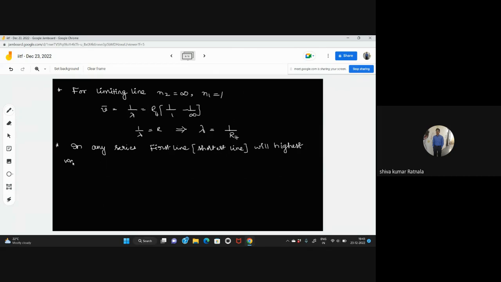Whereas the limiting line, which is also called the longest line, will have the shortest wavelength. Can we say that? Okay?